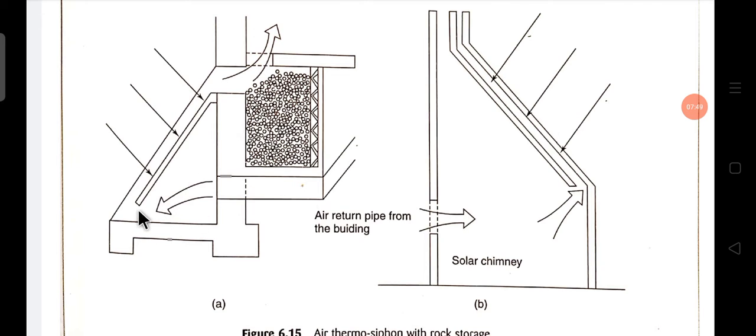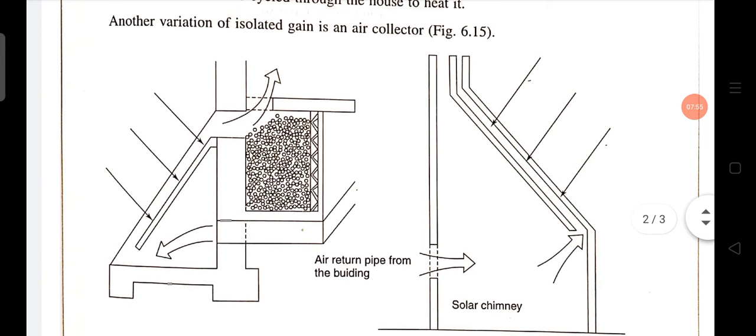The air gets heated, and the hot air goes from here.